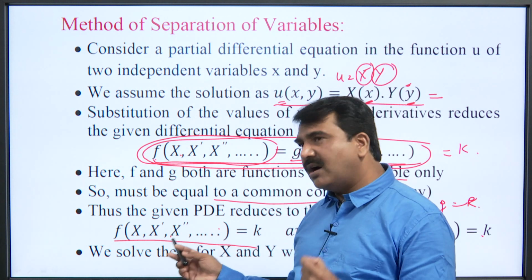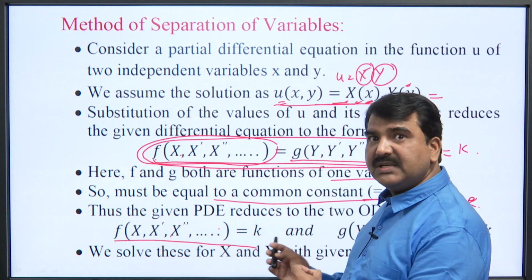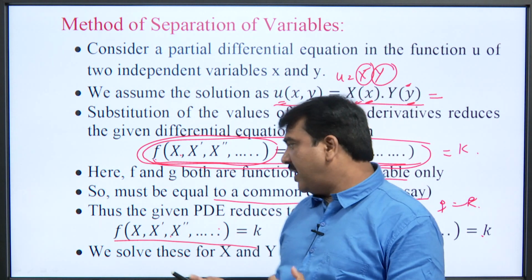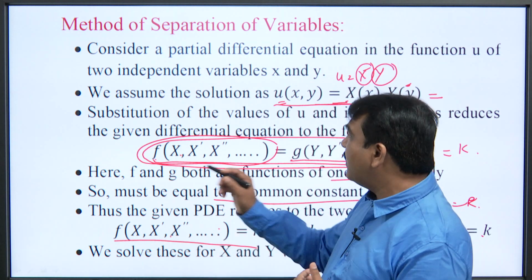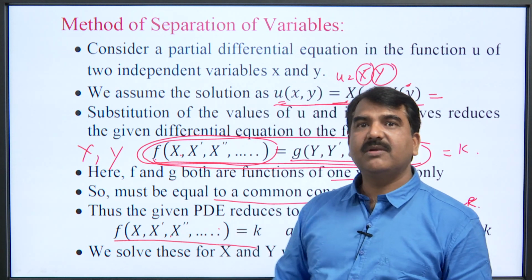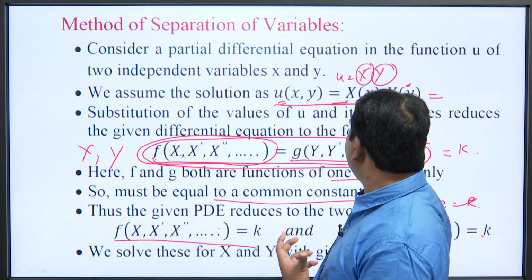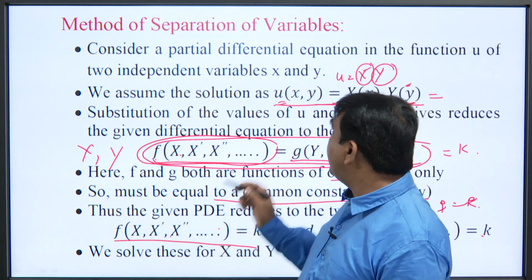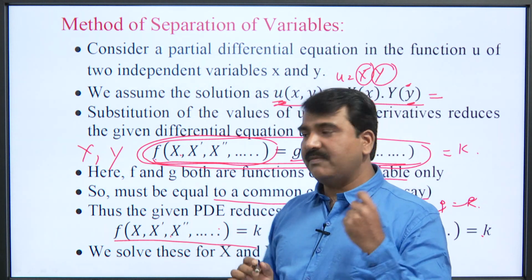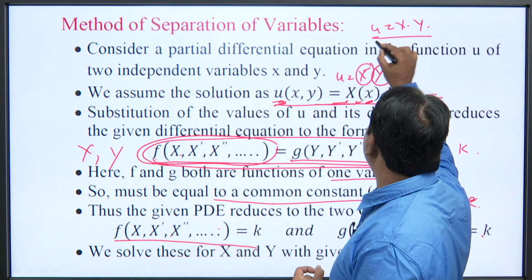So, we can easily obtain the solution of these two ordinary differential equations by using the methods of solution of ordinary differential equations, and from this we can derive the values of capital X and capital Y. If we obtain the function of x and the function of y, then we can write the value of u, that gives the solution of the given partial differential equation, in terms of u is equal to X into Y.